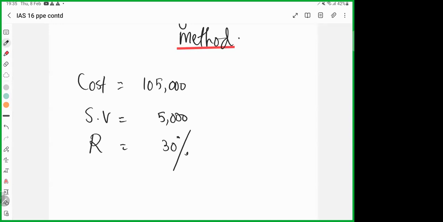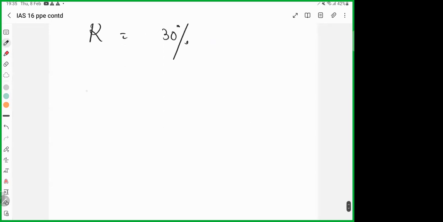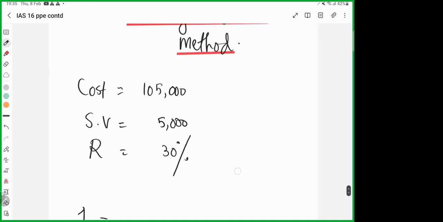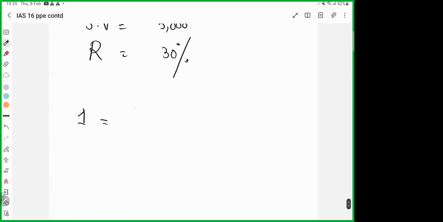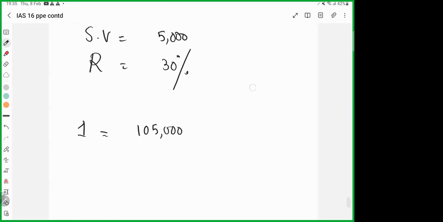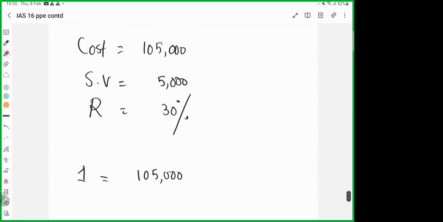Now, how to calculate? Year one. My cost of the asset is how much? 105,000. But please remember, in the reducing balance method, we will not subtract the salvage value.